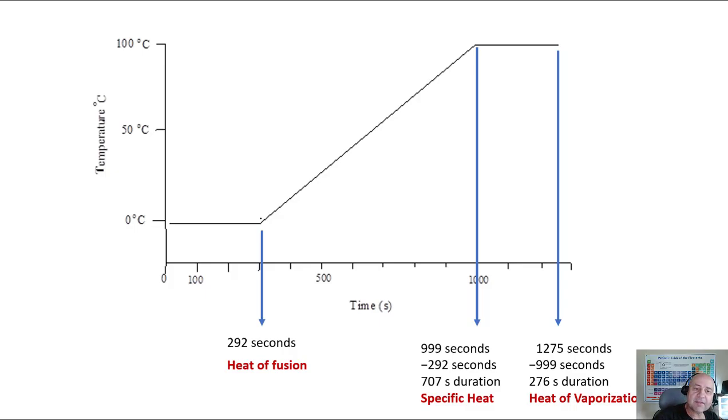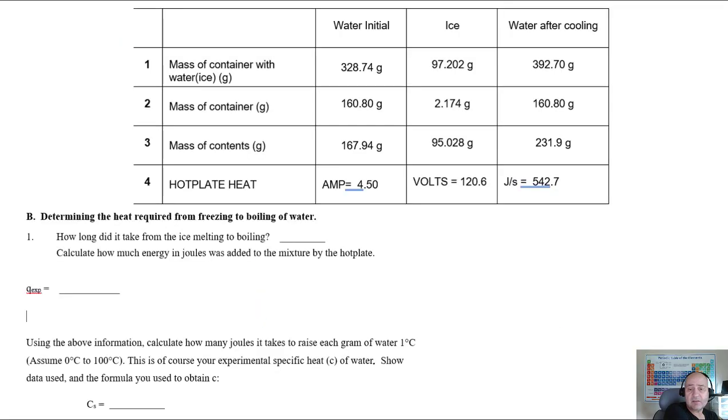Anyway, then the second part is from 292 to 999, so we're using 707 seconds. You use the same fudge factor here to get Q. And for specific heat, of course, the units here, which are not shown, are going to be in joules per gram per degree Celsius.